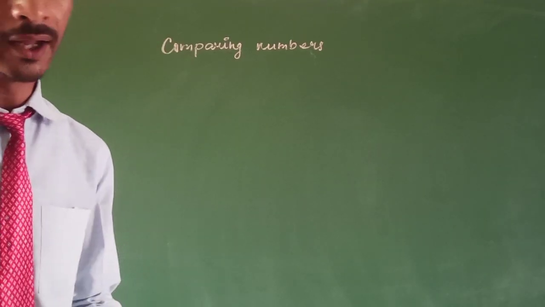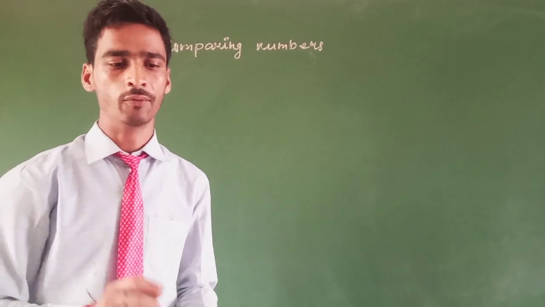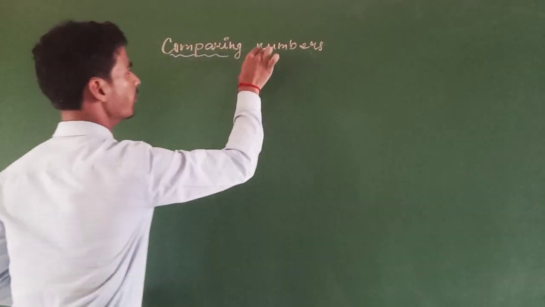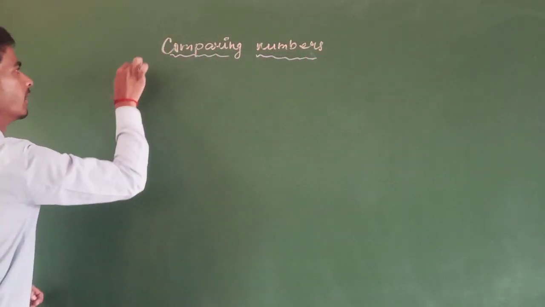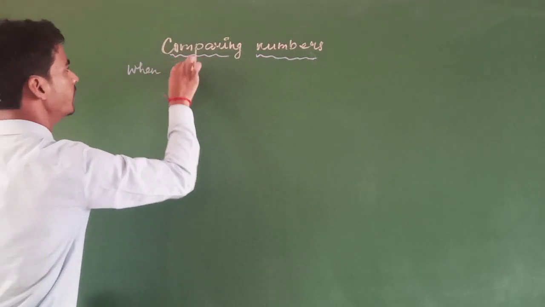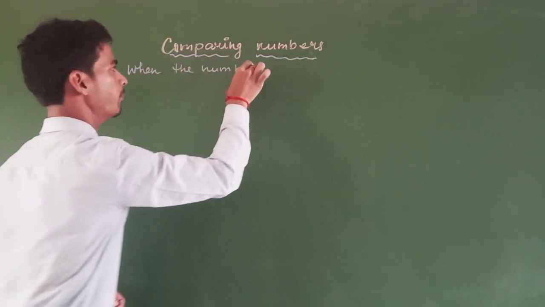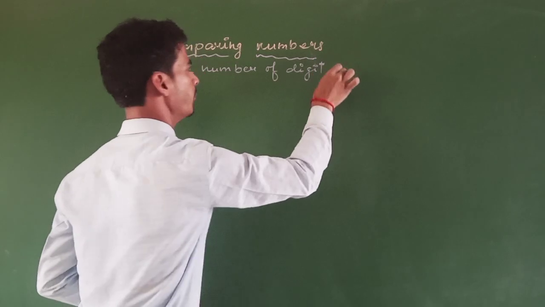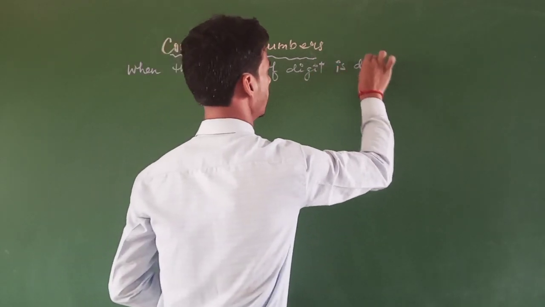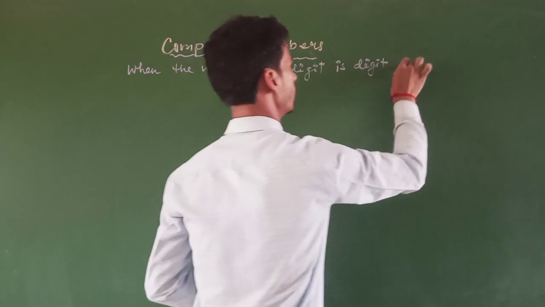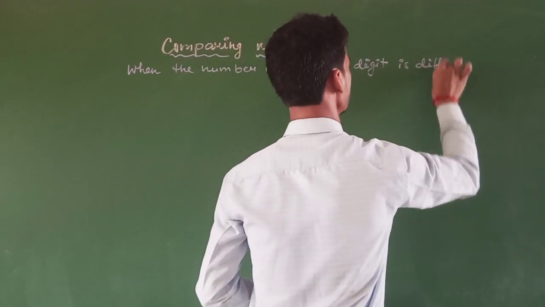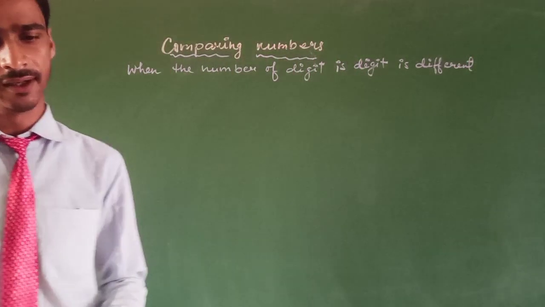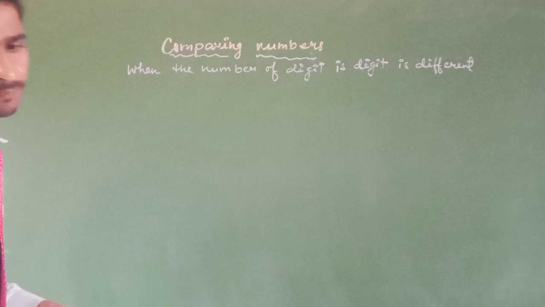The first subtopic is when the number of digits is different. Okay, you know that when the number of digits is different, there is an example.